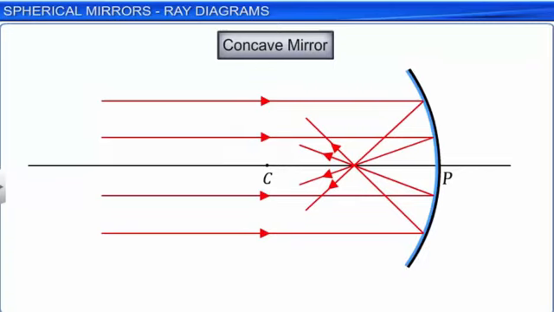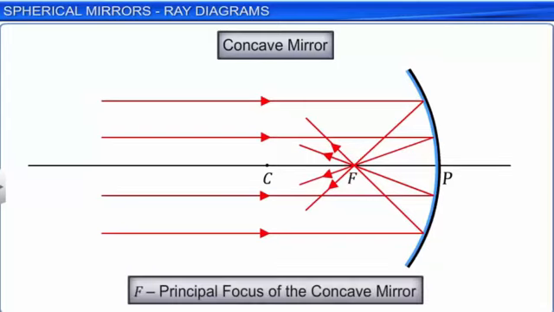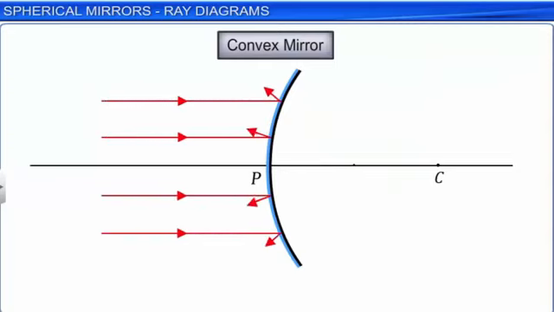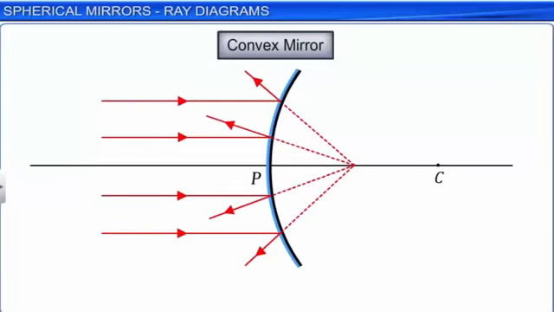This point of convergence is called the principal focus of the concave mirror. In the case of a convex mirror, such parallel rays of light after reflection appear to diverge from a point on the principal axis, known as the principal focus of the convex mirror.